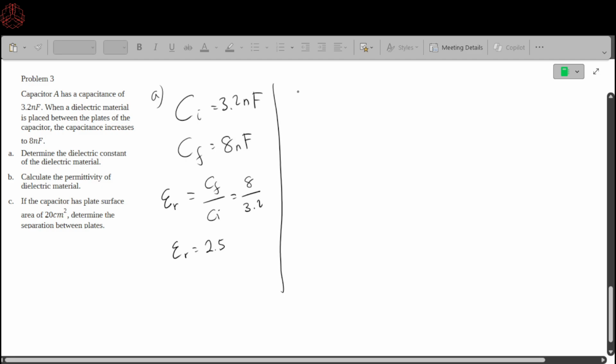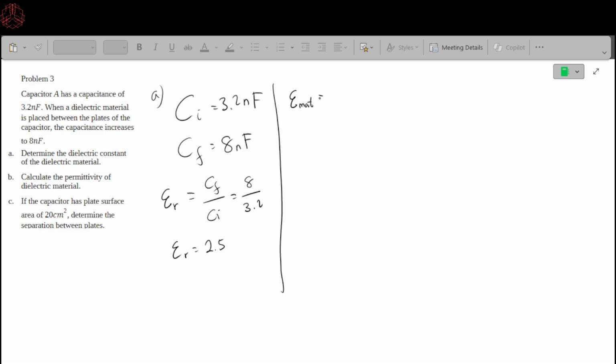So if I were to find out the permittivity of the material, I simply need to multiply the relative permittivity to the permittivity of free space, which is epsilon naught. Okay, I just have to multiply the two. So then I have epsilon material equals 2.5 times 8.85 times 10 power of negative 12.